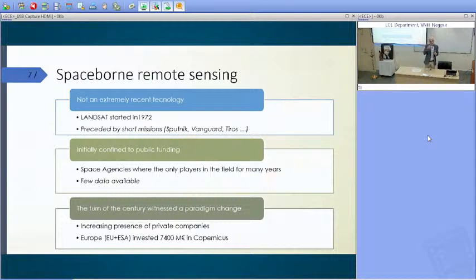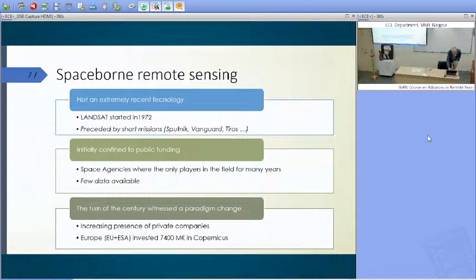Okay, and especially the focus was on the reuse of standard off-the-shelf devices, rather than devices that were designed specifically for space applications. And so the space industry took up, including in the Earth observation sector.